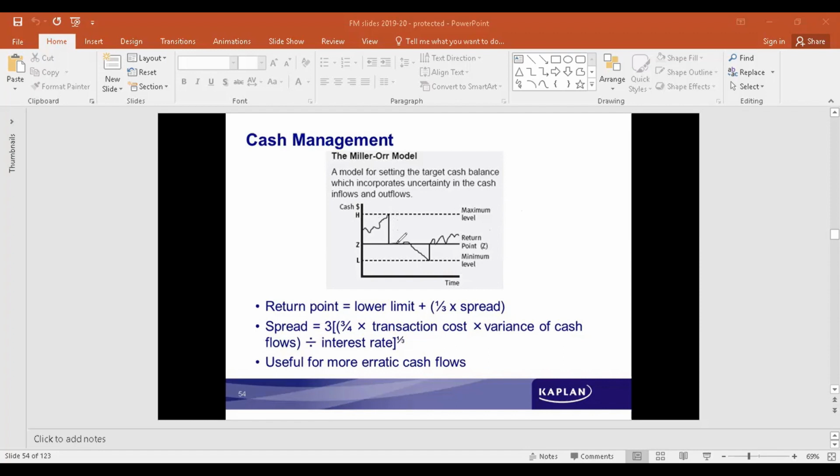But as they proceed further, there are situations where cash is flowing out.